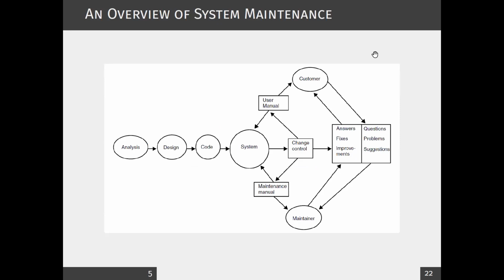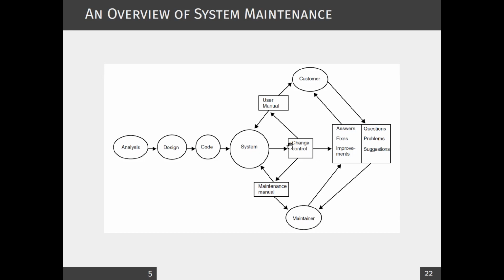It is not only that. When we look at the overall system maintenance, there are two sides to this. There will be a customer who reports the bug, and there will be a maintainer who looks after these changes. Traditionally we have analysis, design, coding, and creating a system.